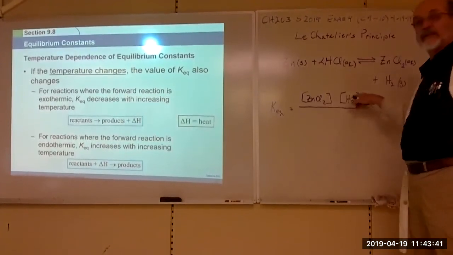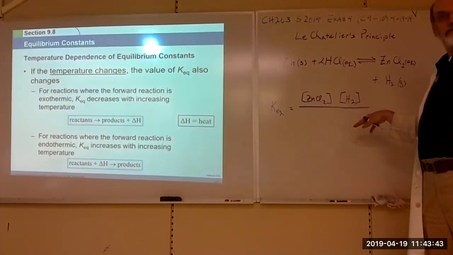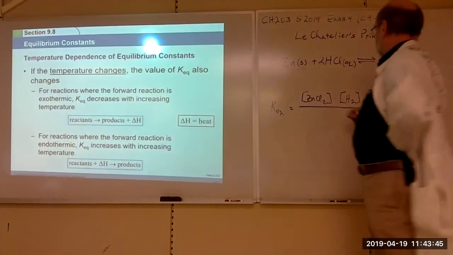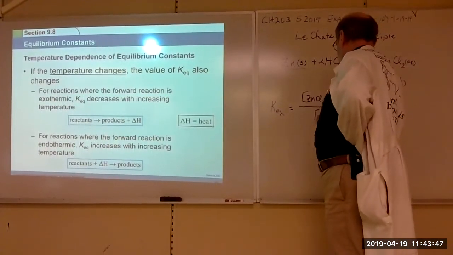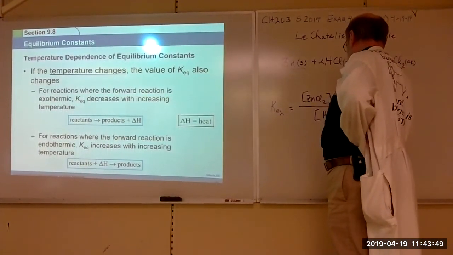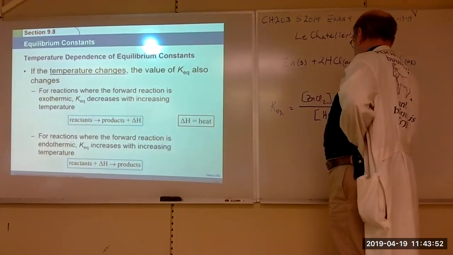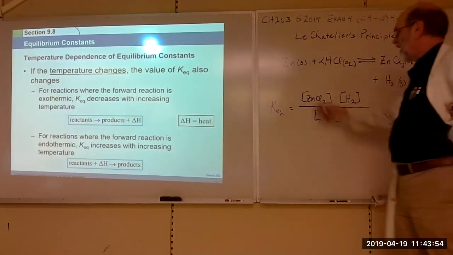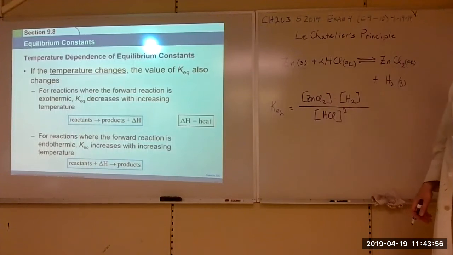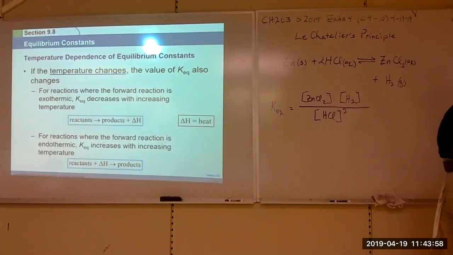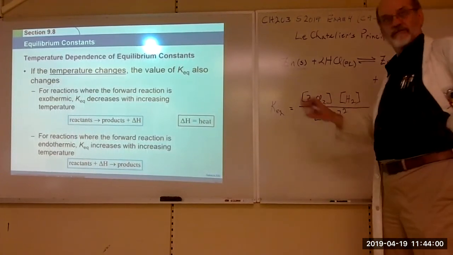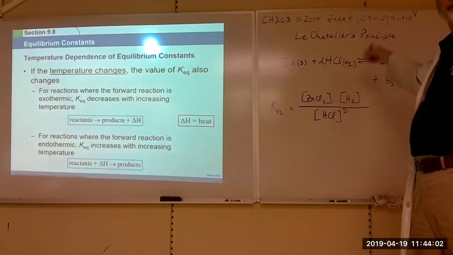In this case, we would need molar concentration of the hydrogen gas. And then this one in the denominator to the second power. And that one is not included because it's a solid. That would be your equilibrium expression for this reaction.